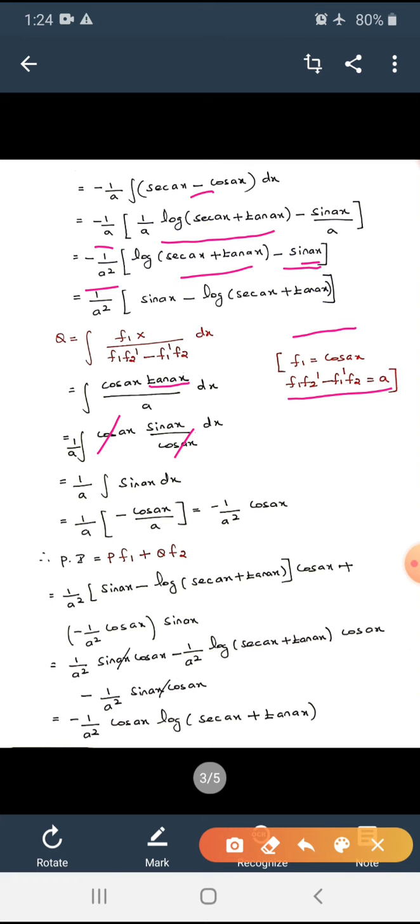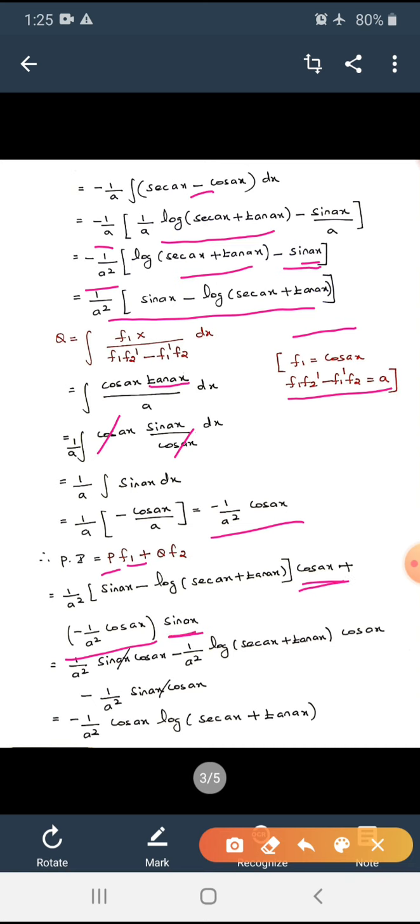Next let us write what our Pi is. Pi is capital P f1 plus capital Q f2. That is equal to 1 by a square into, this is P, 1 by a square into sin ax minus log secant ax plus tan ax. This is the P value, already calculated. P into f1, f1 is cos ax, plus you write Q. Q is minus 1 by a square into cos ax into f2. F2 is sin ax. Now we can multiply the cos ax term and sin ax term.